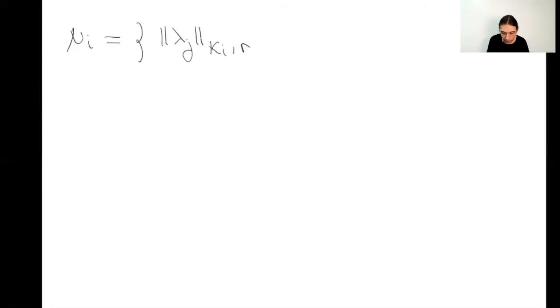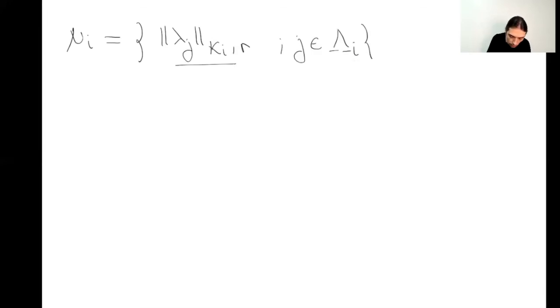You can think of this as the maximum in ki of all derivatives of lambda j up to r, where j belongs to lambda I. This is finite because ki is compact, and here this set is finite. So there's no problem with that.